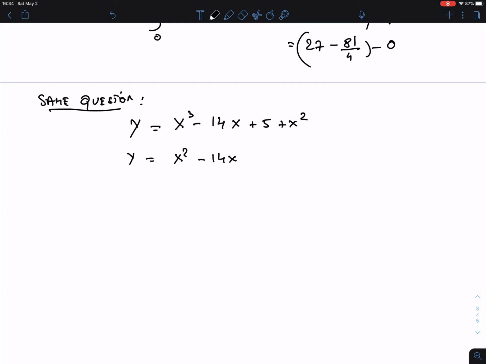I got a little bit confused here. Give me a sec, guys. Let me rewrite this one a bit better: minus 14x plus 5. So x cubed plus x squared, that's the second one here.